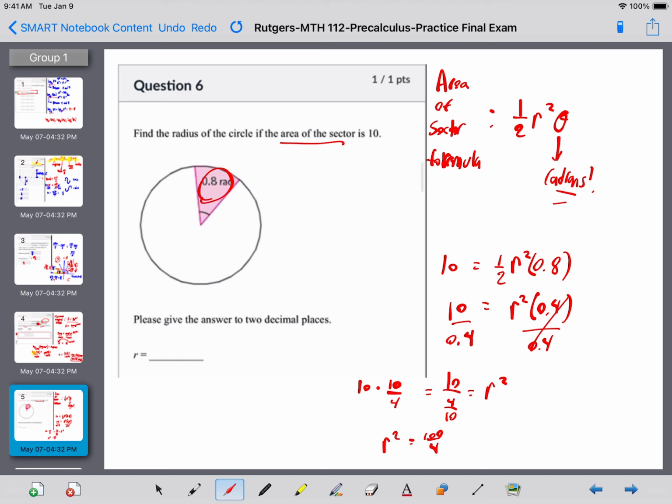And then lastly, take the square root of both sides, and you would get r equals 10 over 2, which equals 5. So your radius would be 5. Okay?